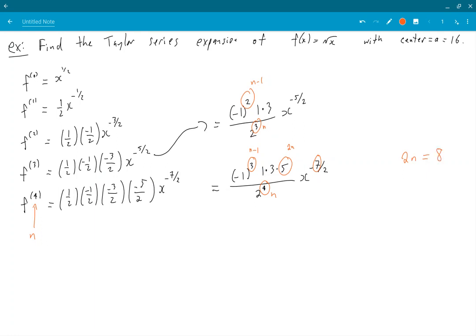But I want it to be this 5 here. So it'll be 2n minus 3 is 5. Okay, so that tells me I should put 2n minus 3. And 2n minus 1 is the 7.